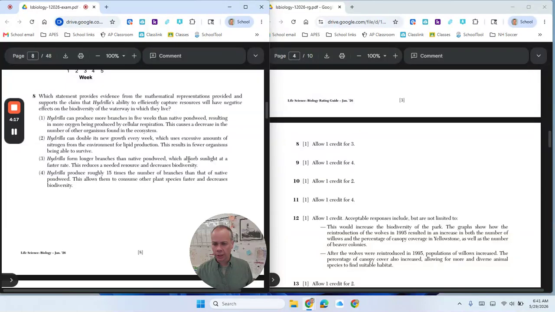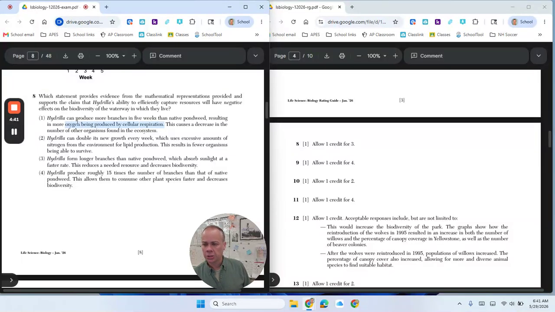Again, we'll read our choices. And when we do that, we're going to see that there is something wrong with these choices except for the correct one. Number 1: hydrilla can produce more branches in 5 weeks than native pondweed, resulting in more oxygen being produced by cellular respiration. That's the part that's wrong, right?